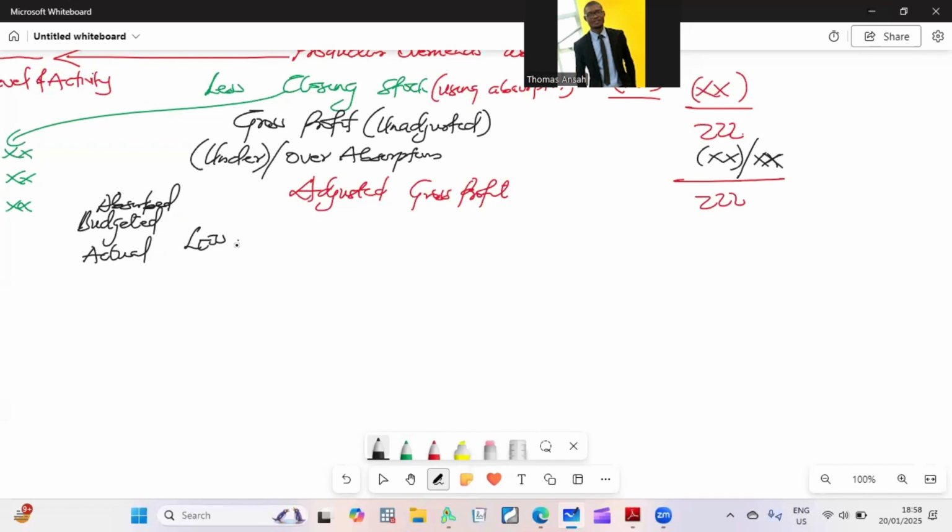But the non-production expenses, we have the variable non-production expenses. We call them non-production overheads. So this one will include something like your variable selling overheads, or your variable distribution overheads.